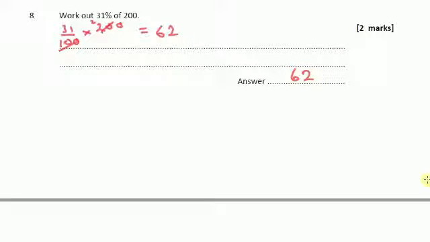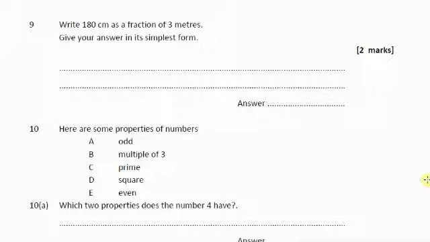And number 9 now says, write 180 centimeters as a fraction of 3 meters. Give your answer in its simplest form. Now we know 1 meter is equal to 100 centimeters. So 3 meters must be 300 centimeters.